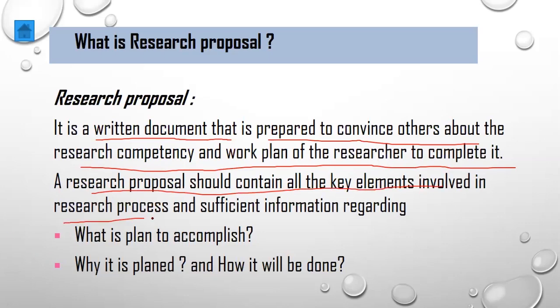When you have sufficient knowledge on the research steps, then you are able to form a research proposal. A research proposal should answer these questions: what is planned to accomplish, why it is planned, and how it will be done. And these issues should be clearly defined in the research proposal.